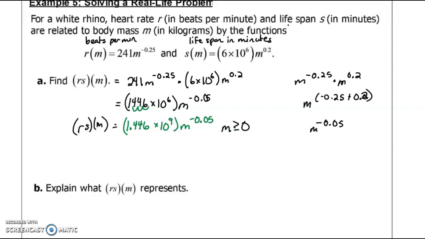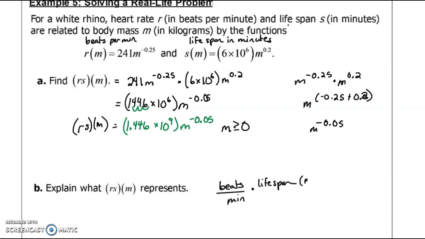So it wants to know what R times S of M represents. Well, keep in mind, that's why I had us write the labels above it, because I think it helps look at that. We're taking how many heartbeats they have per minute times their lifespan in minutes. So think about it like this. Beats over minutes, right? And then we're finding their lifespan in minutes.